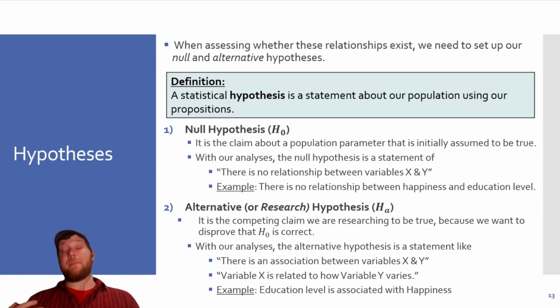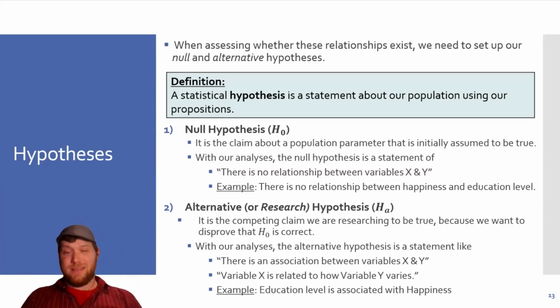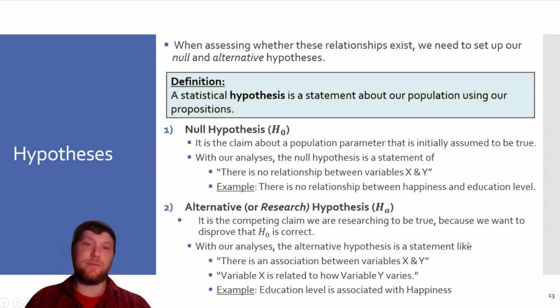Say no relation between happiness and education level means that education does its own thing, happiness goes its own thing, and they don't really seem to coincide. The alternative, or the research hypothesis, is really what you are trying to prove. It's the competing claim that we're researching to try to show is true, because we want to disprove the null hypothesis, this pre-existing belief maybe, or even just the idea of nothing happening.